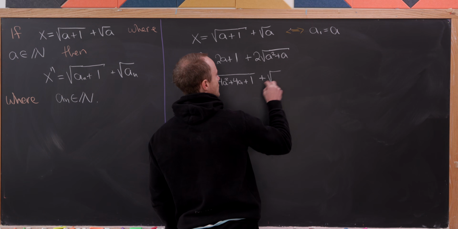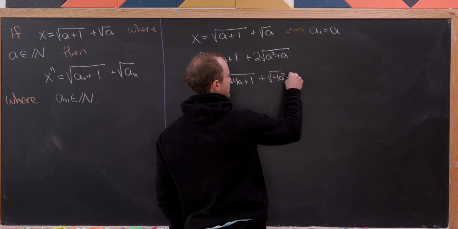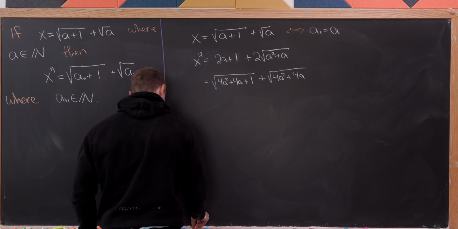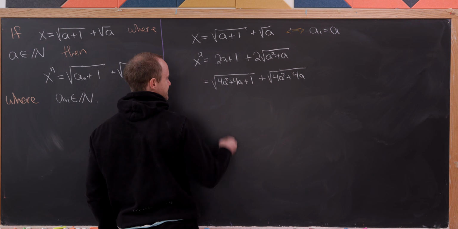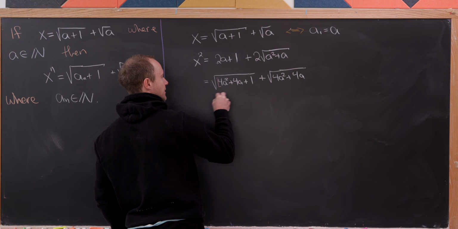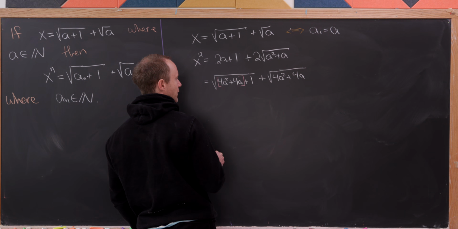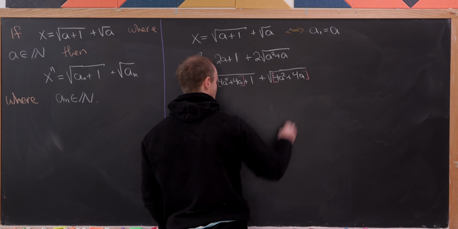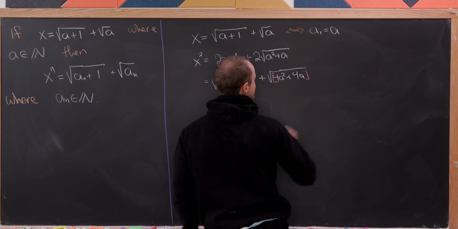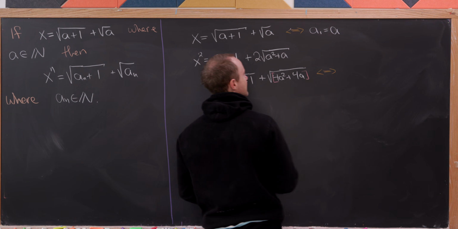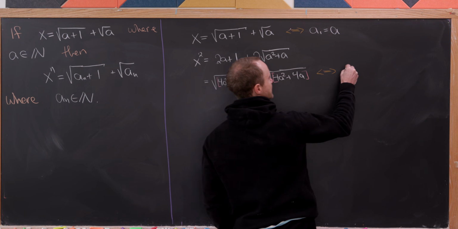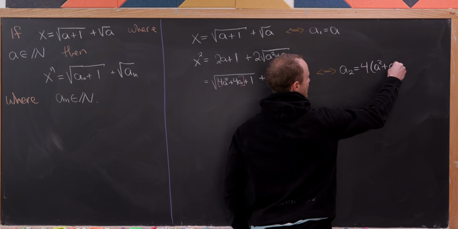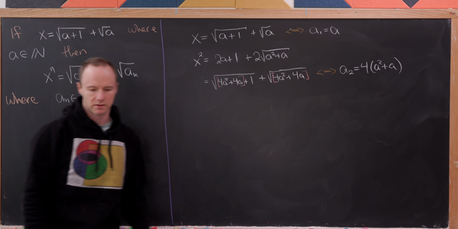That's going to give us the square root of 4a squared plus 4a. Okay, cool. Now let's observe that we've got a number here, this 4a squared plus 4a, and then we're adding 1 to it, and then we've got that number over here as well. But that means we know the format of our a sub 2. So a sub 2 is now going to be 4 times a squared plus a, where I'll factor the 4 out.